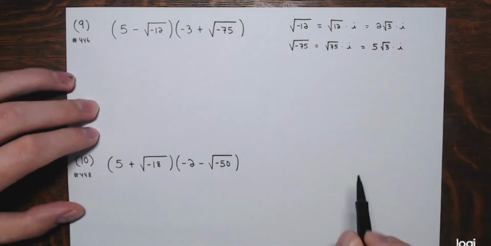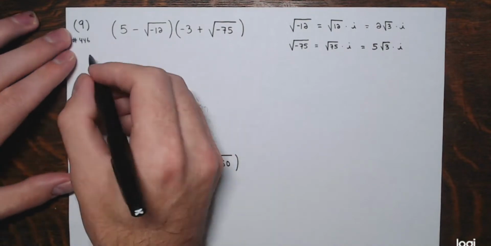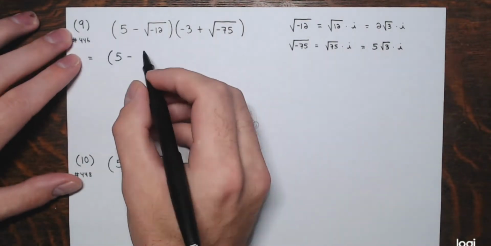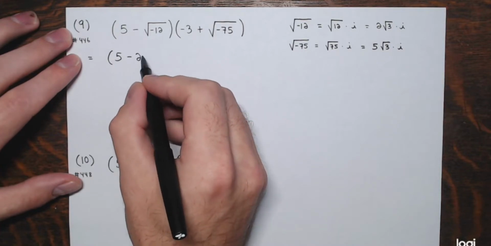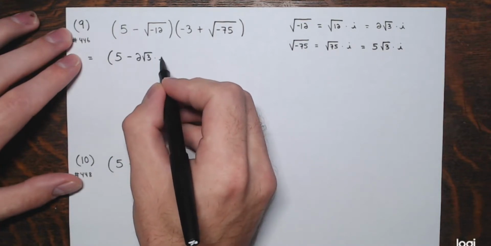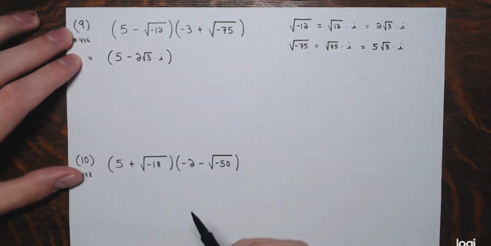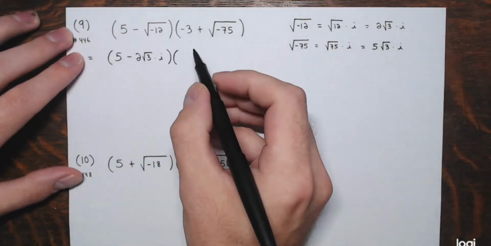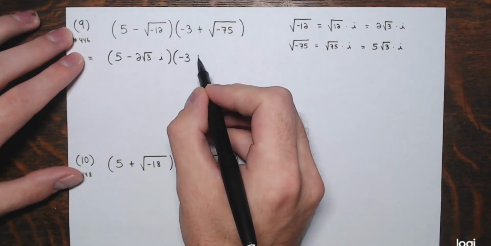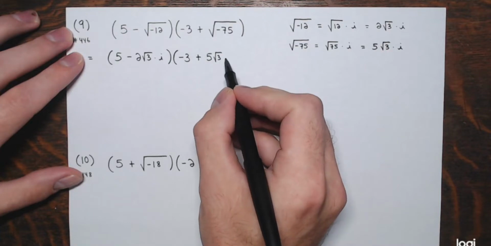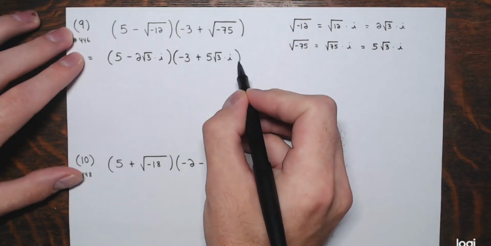All right, so I'm going to rewrite that in here, right? So we have 5 minus 2 times the square root of 3 times I. And that was the square root of negative 12. Multiplied by negative 3 plus, and then 5 times the square root of 3 times I. Right.